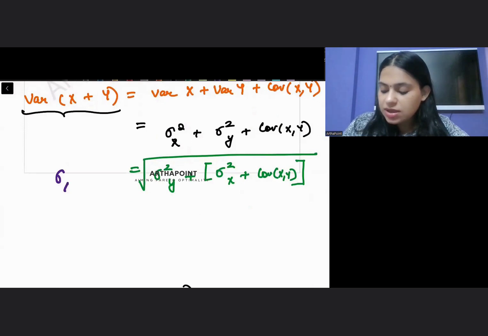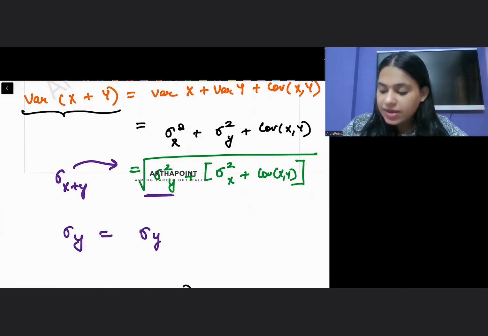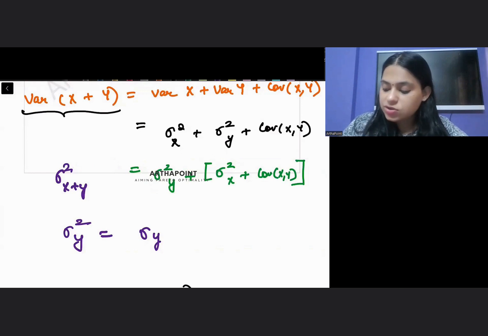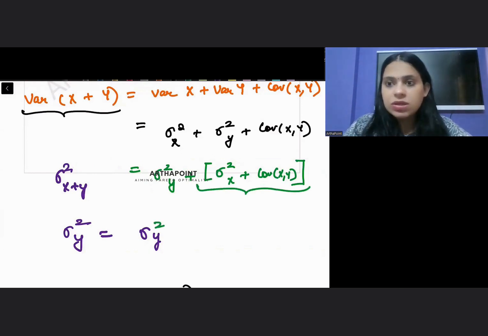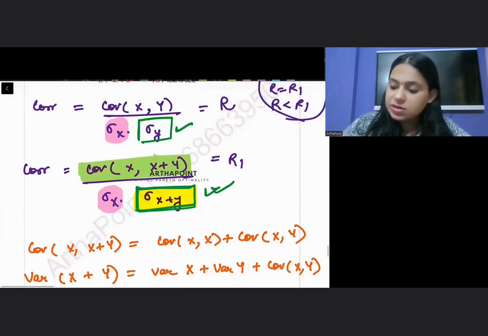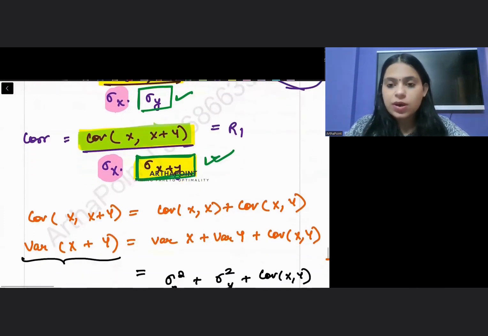So the sigma x plus y is going to be this, and sigma y was just this, right? Are you getting it? If I square on both sides, just for the purpose of comparison, you will realize that there is an extra term coming in the denominator. Similarly, in the numerator, this is covariance of xy and this is covariance of x with x plus y.